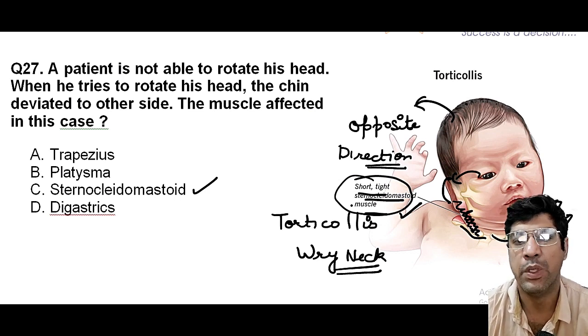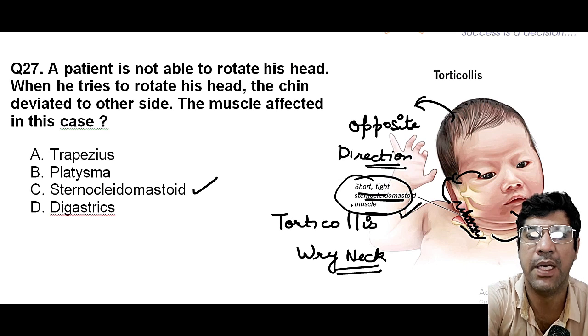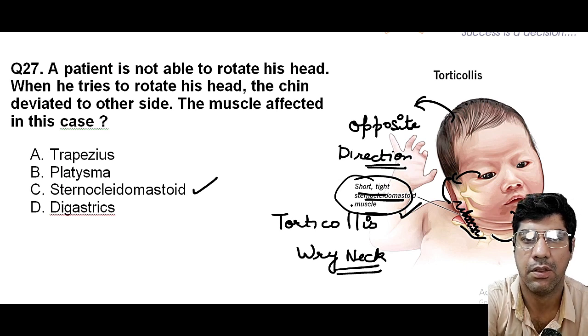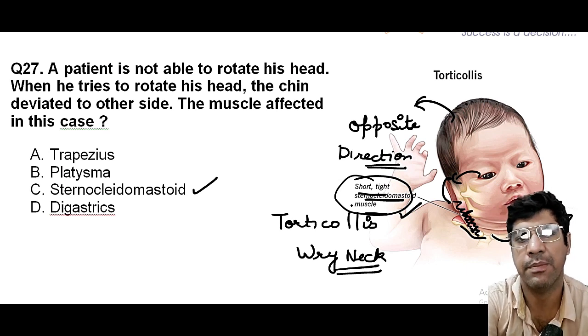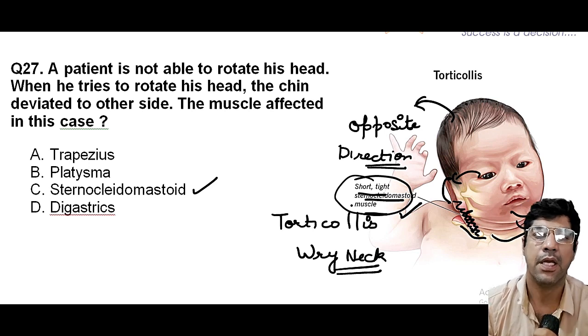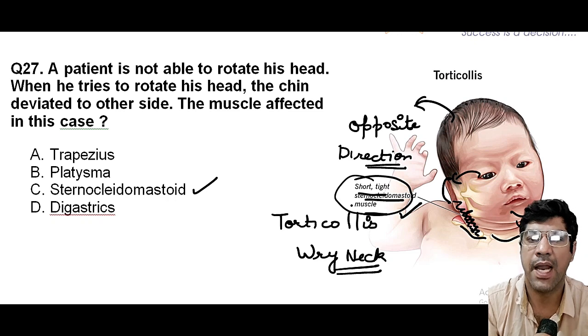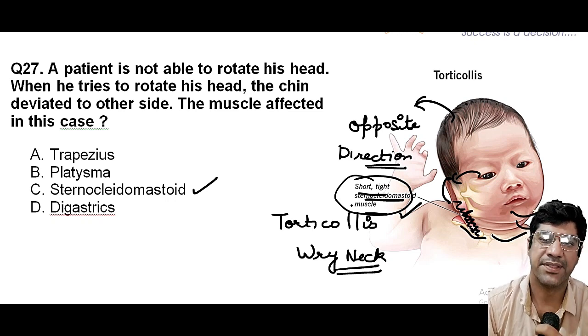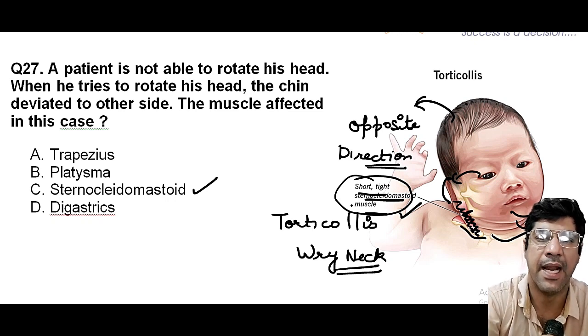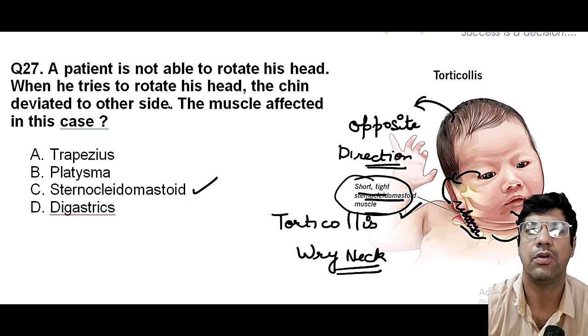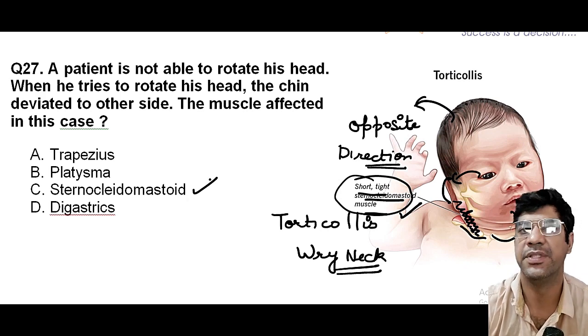That can lead to discomfort, pain and limited mobility of the neck. So when the sternocleidomastoid muscle does not function properly due to a condition like torticollis, that can result in an abnormal head position affecting the person's ability to move their head and neck comfortably. So the answer is sternocleidomastoid muscle here.